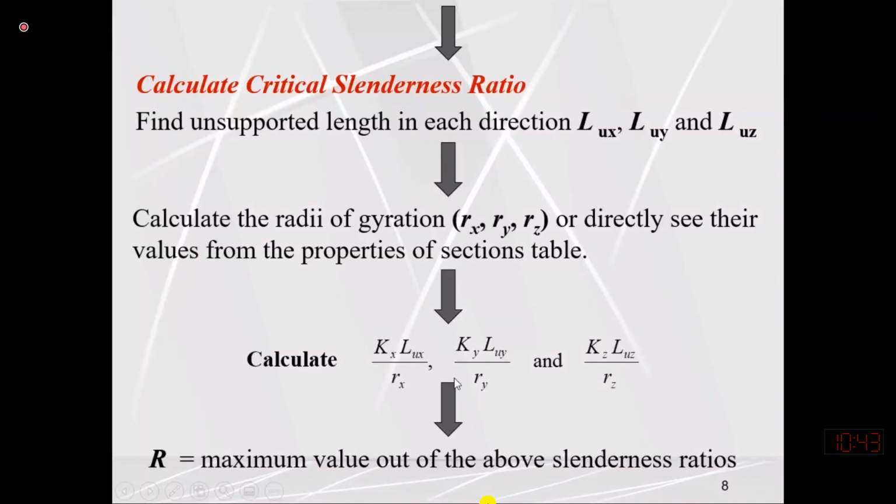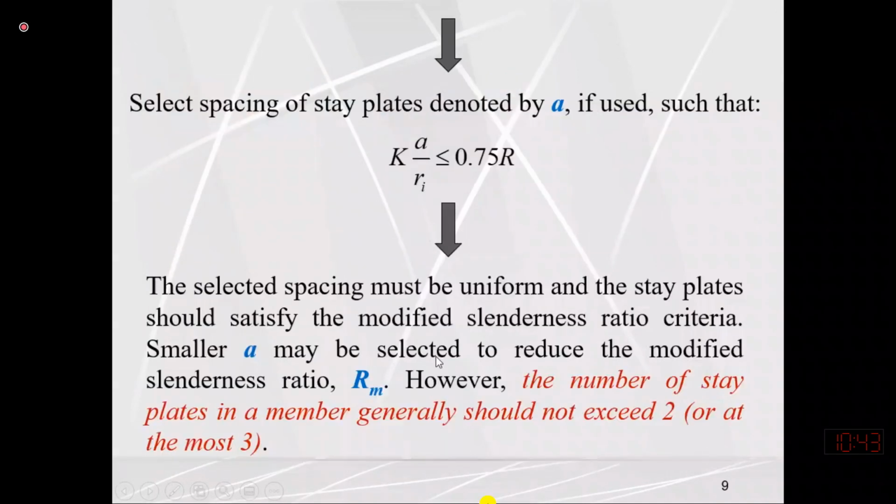So the R value is the larger out of these two values. We may assume the K value as 1. So we are assuming that the slenderness ratio of the single section with an unbraced length of A is less than or equal to 75% of the R value. This value we already know. So A is unknown. So what is the Ri value?